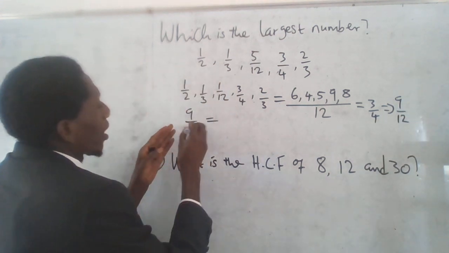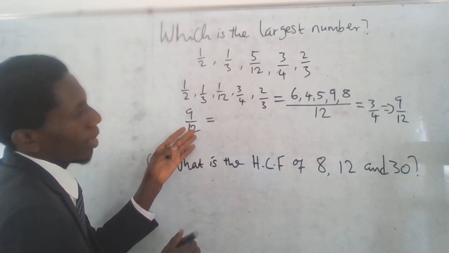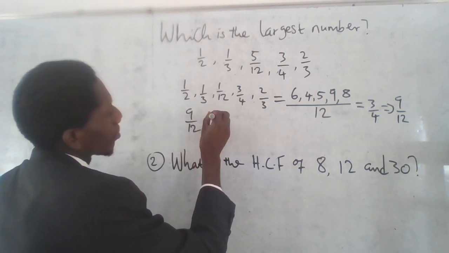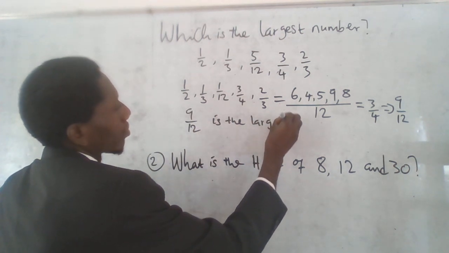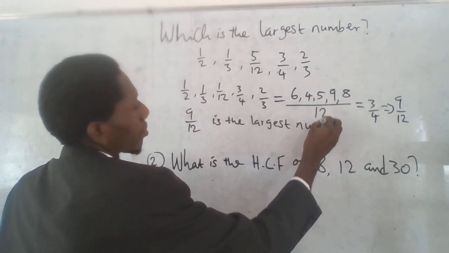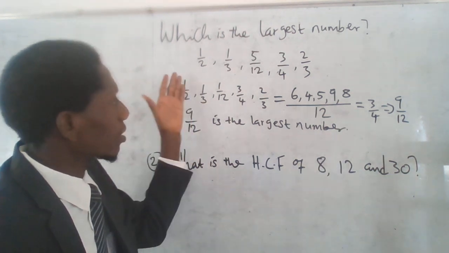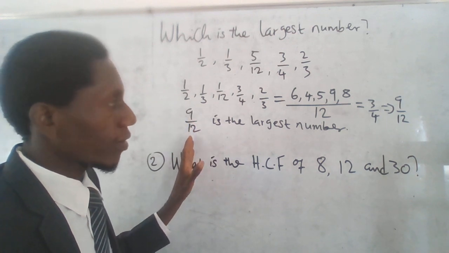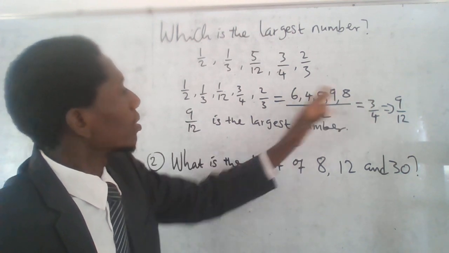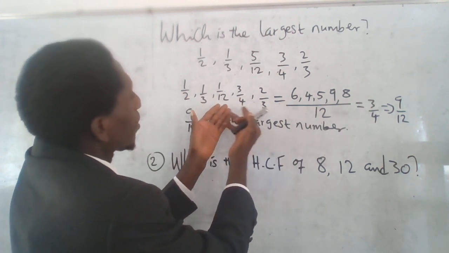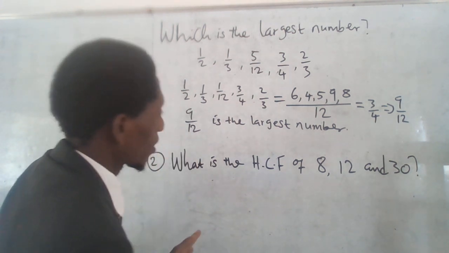So we have 9 over 12, which is the largest number here. All right, so for this first problem, 9 over 12 is the largest number among them. That means from the numbers we have here, 3 over 4 is the largest. Okay, so that is done.